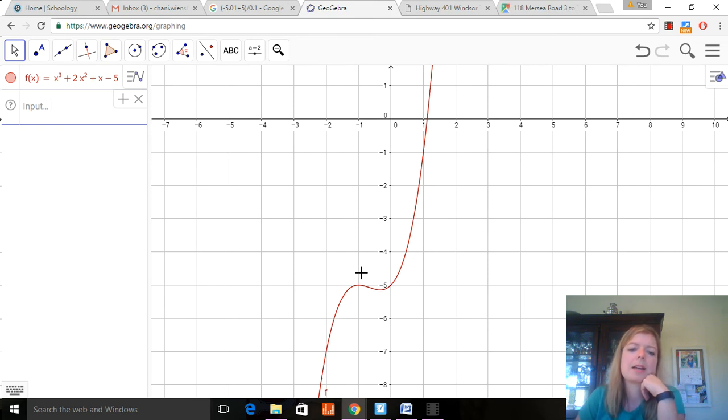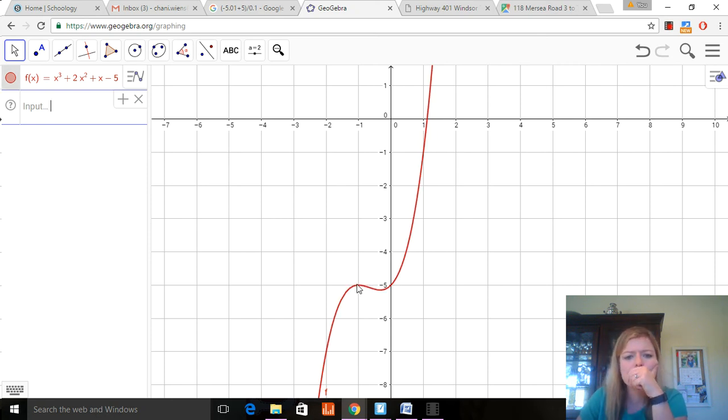So he comes up, does a little dipperoo, and then goes off to infinity again. So at -1, we can see that it does appear to be at a local maximum. So notice it's not the maximum of the whole function, like the function continues up and has higher points, but this is something called a local maximum, because in this area, that is a turning point.